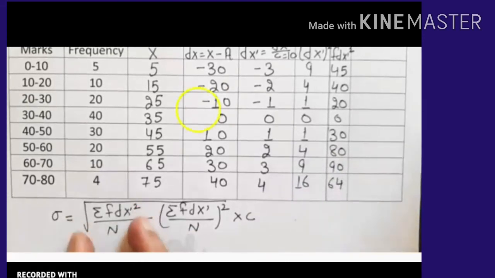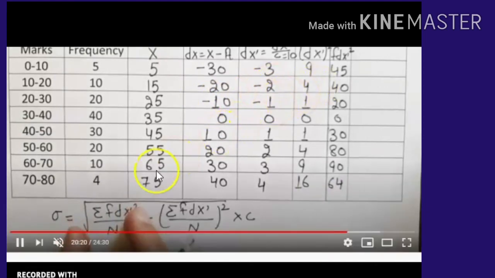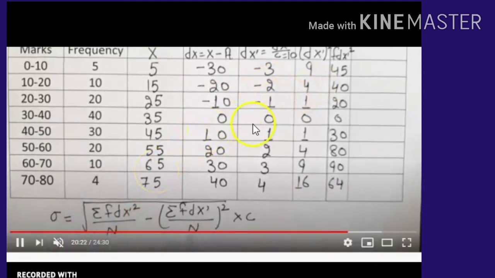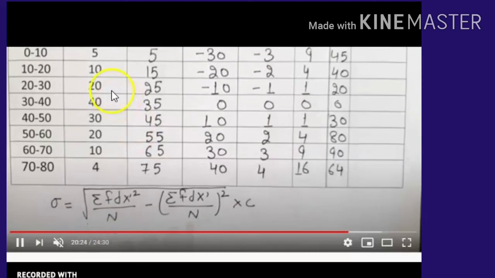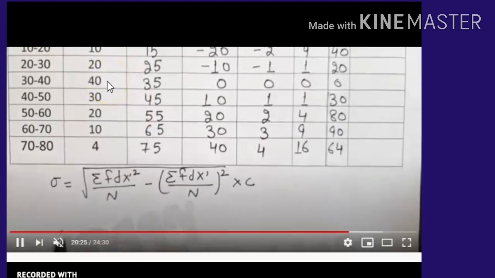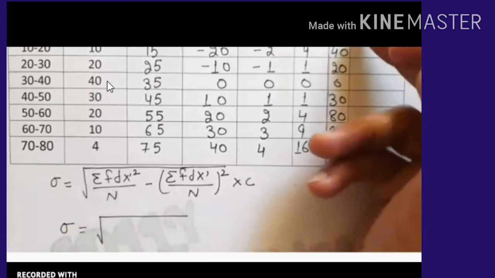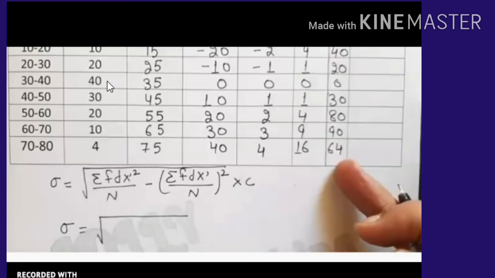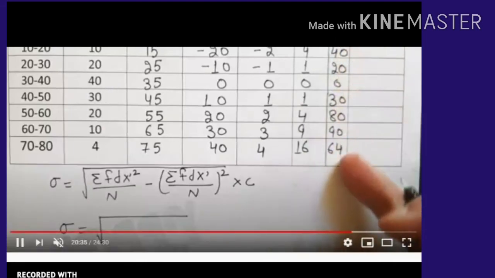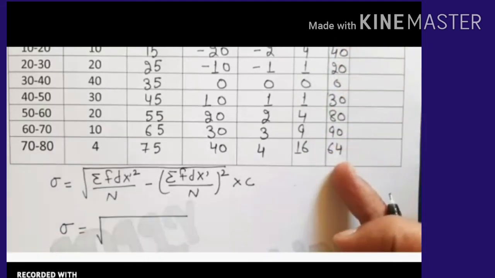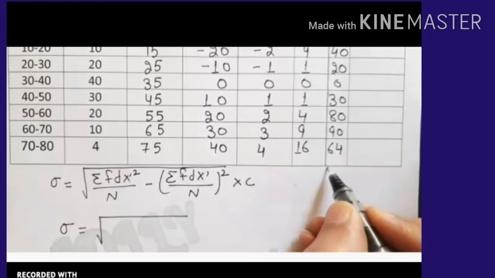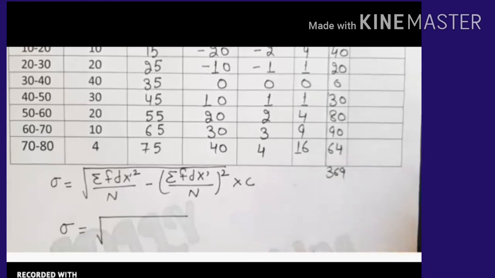So you have to find the total of this, then only you can substitute here and find the answer. Before that you have to find the total of frequency also. Sigma is equal to root of this one; you had got the total as 369.